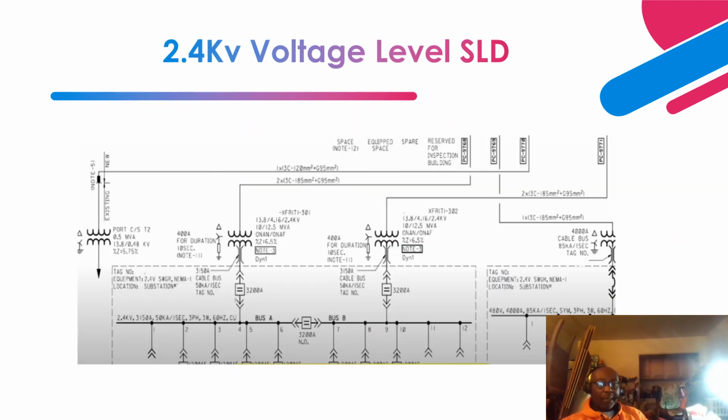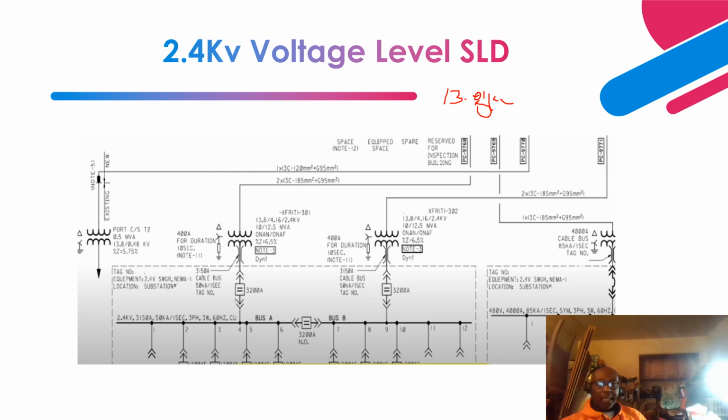Okay, so now let's talk about this single line diagram. So this is a 2.4 kV. This is a feed that is coming from the other diagram, right? From a medium voltage 13.8 kV switchgear. So I'm feeding this one.